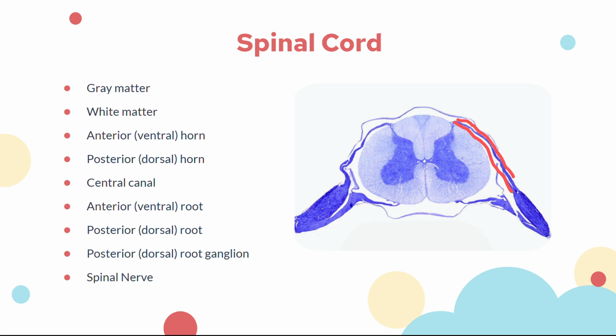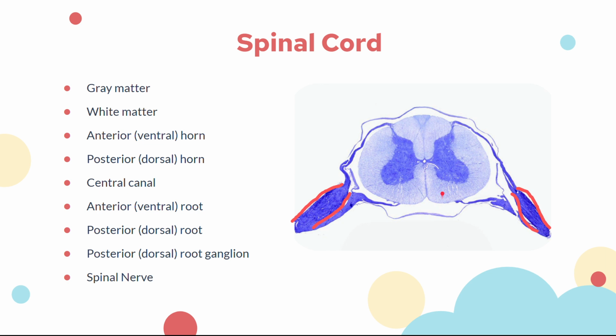So this really long one that we see right here is your posterior dorsal root, and the posterior dorsal root is the one that has the ganglion. So that's where you see this thicker structure right here. So that's the posterior root ganglion. So remember that the posterior root has a ganglion, and you see it has a thicker structure and it's long.